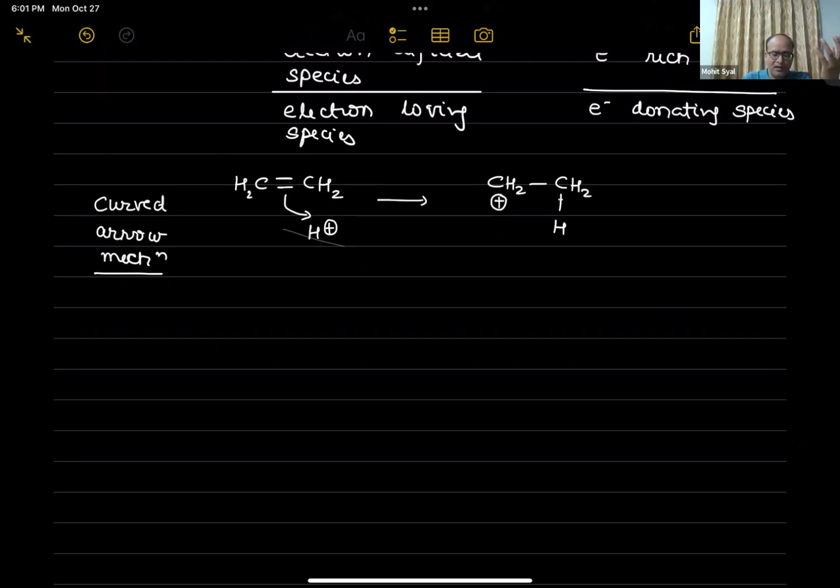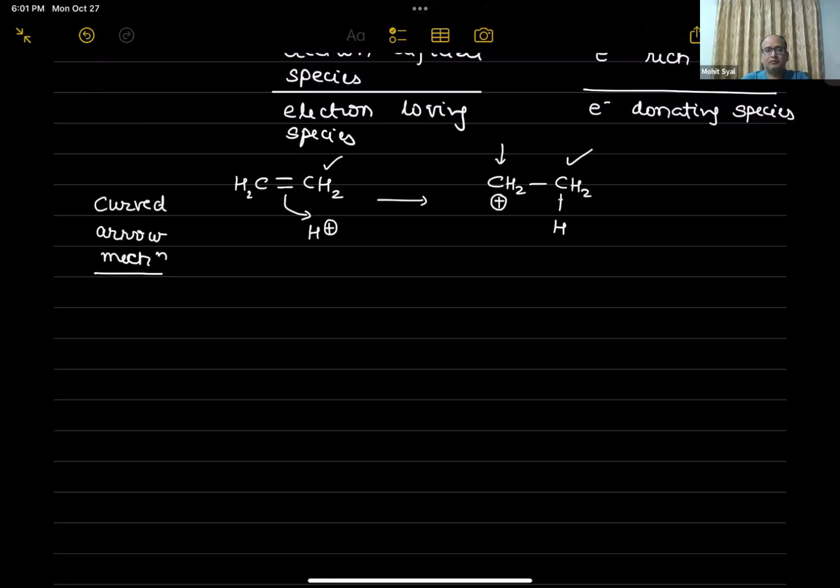Yes, this is the carbon atom, not this carbon atom, because this carbon atom is still making four bonds. Earlier it was making a double bond with another carbon atom. Now, instead of that double bond, it is making a bond with H. Getting my point?